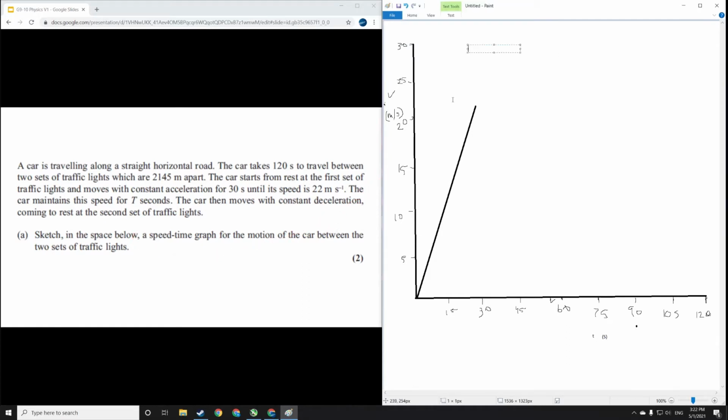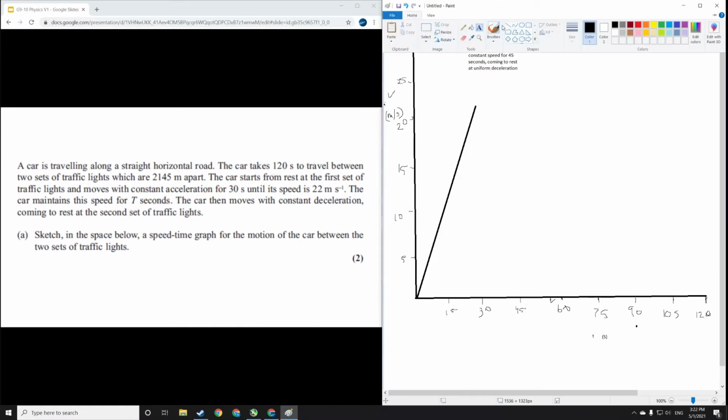I'll change the question by saying the car travels at constant speed for 45 seconds, coming to rest at uniform deceleration. And let's just say t is 45 seconds.